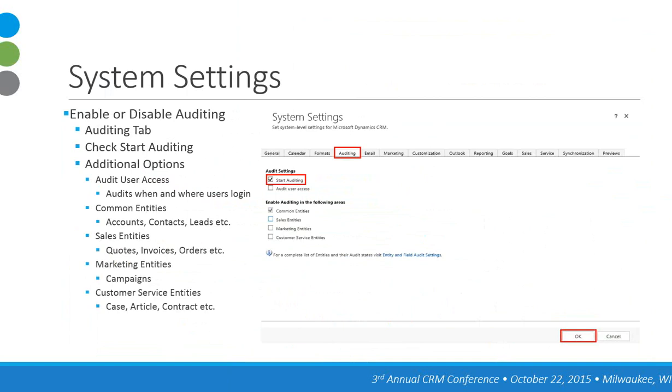So by selecting these checkboxes and clicking OK, you've started your first step towards turning on auditing in the system. After that, everything would be in your default solution in settings, customizations, customize the system. You would drill down to your entities and fields, and they all have options on them as well to start auditing.